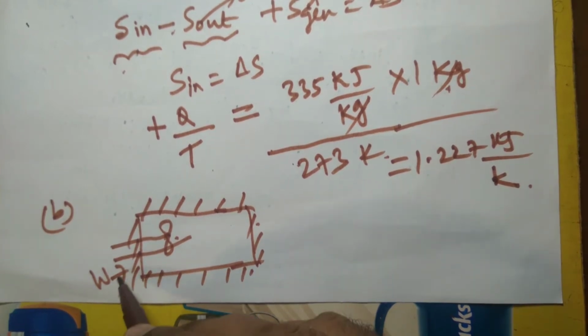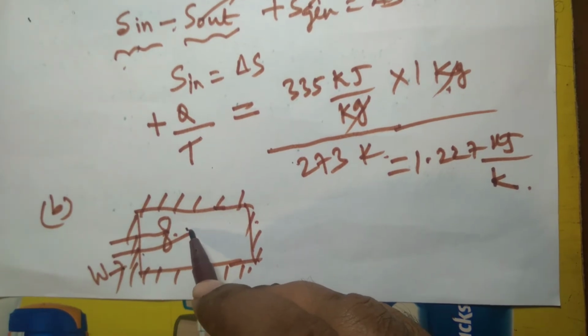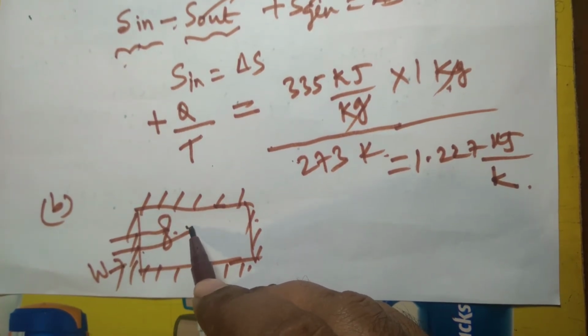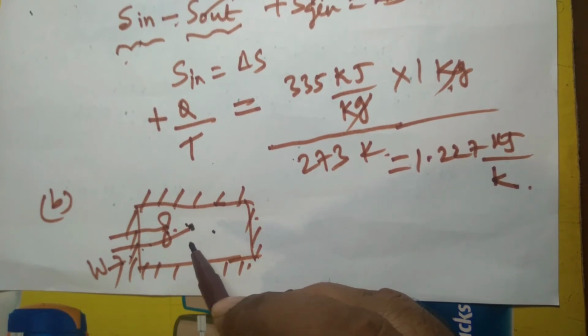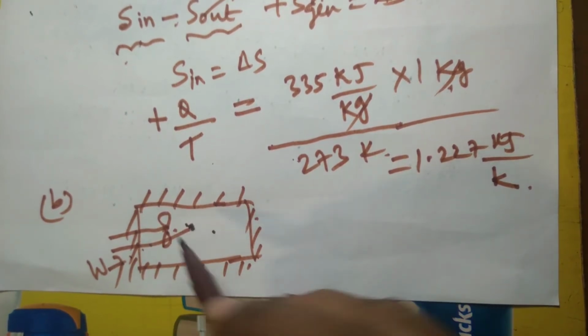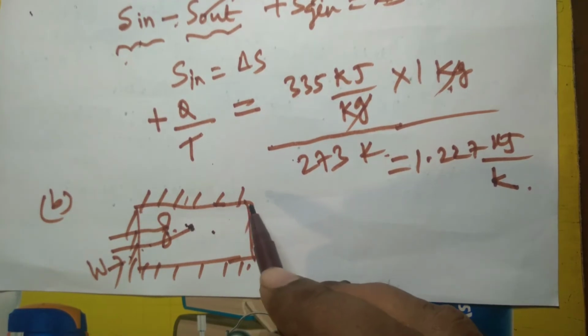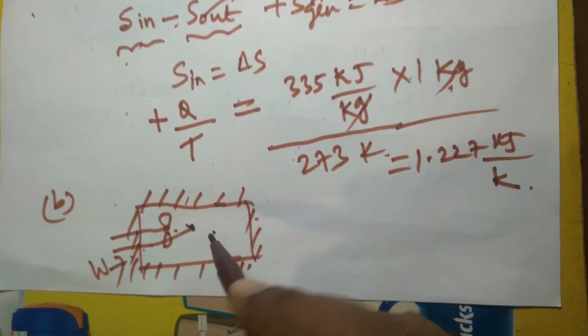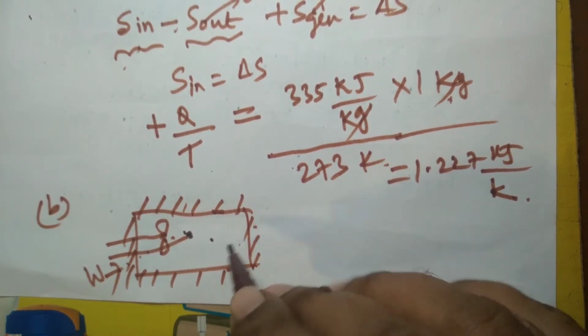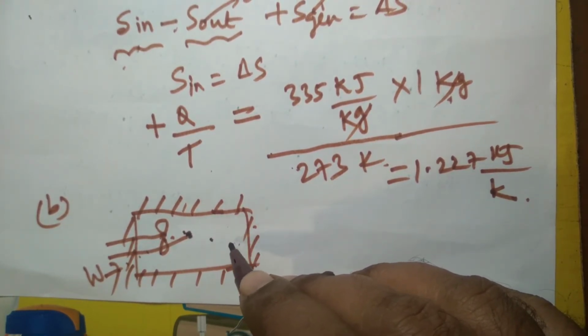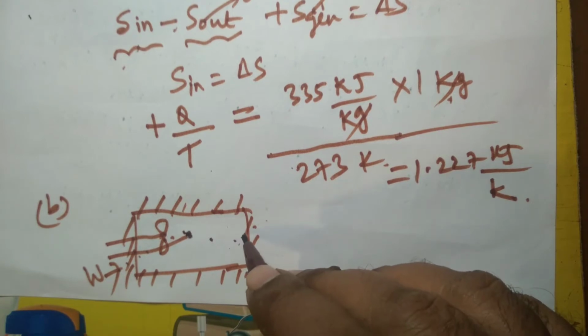So since here paddle wheel work is given to this system, no entropy transfer takes place here, neither into nor out. And since this is an adiabatic system, no kind of heat gets out of this system also.